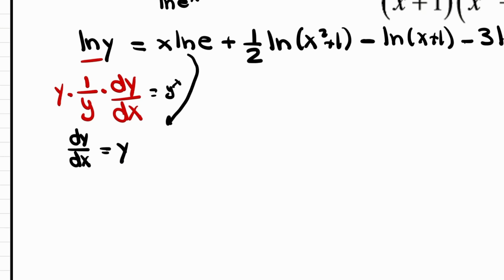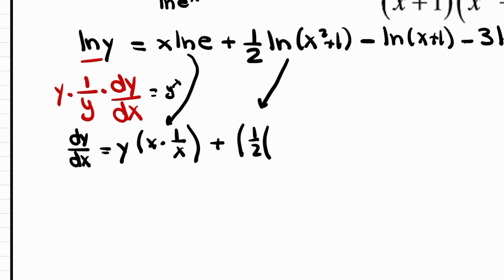So the derivative of x ln x is just x times 1 over x. We're going to add that to the derivative of 1/2 ln x squared plus 1. That becomes 1/2 times the derivative of this, which is 2x all over x squared plus 1.